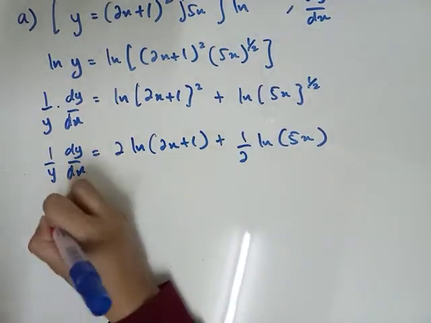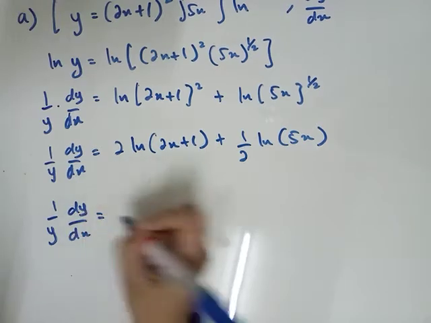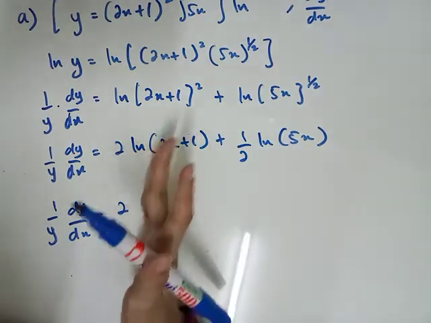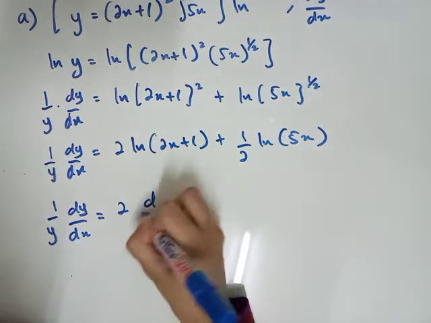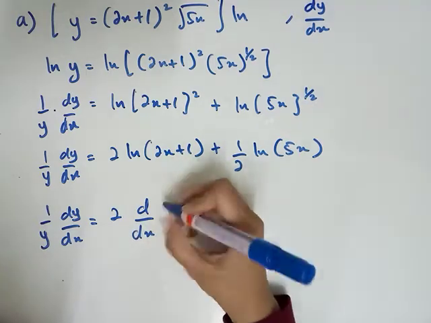And then 1 over y dy over dx is equal to 2, which is a constant. So asingkan siap-siap, and then barulah awak boleh differentiate with respect to x the ln (2x plus 1).